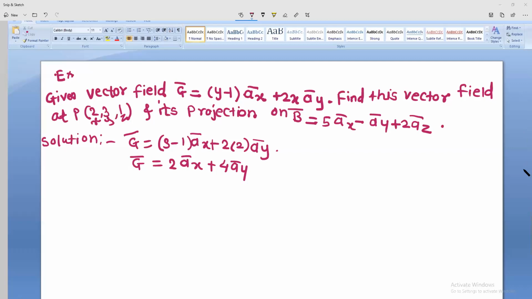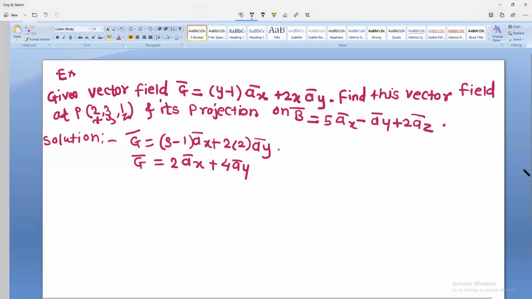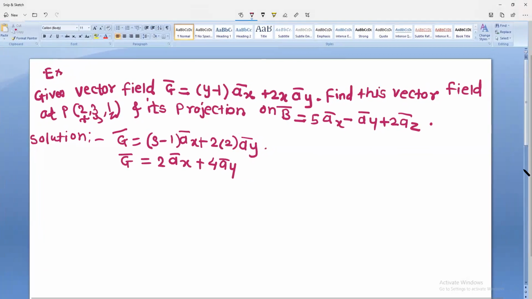Okay. Now we have to find its projection on B bar. What is given? A vector G bar is given, and we have to find its projection on vector B bar. So this is vector G bar.